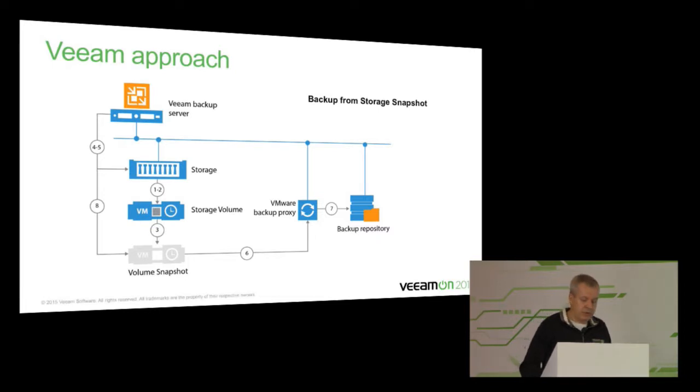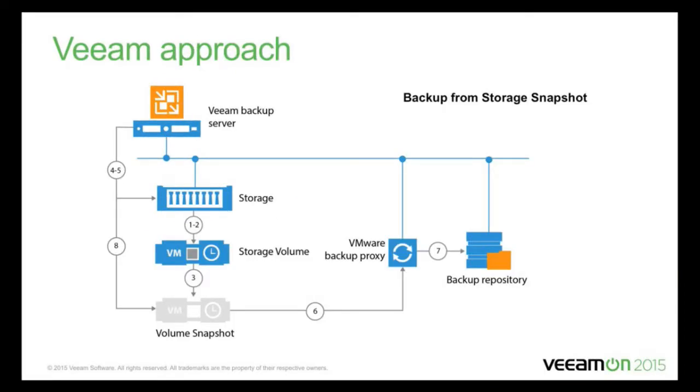Veeam can also use a different type of approach. It's called backup from storage snapshot. In this way, you can avoid using only the VM snapshot provided by VMware vSphere, which has some issues if you take a snapshot and keep it for too much time.